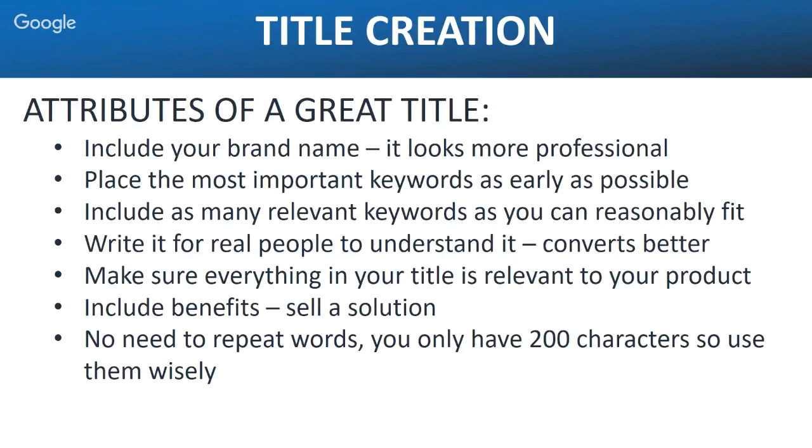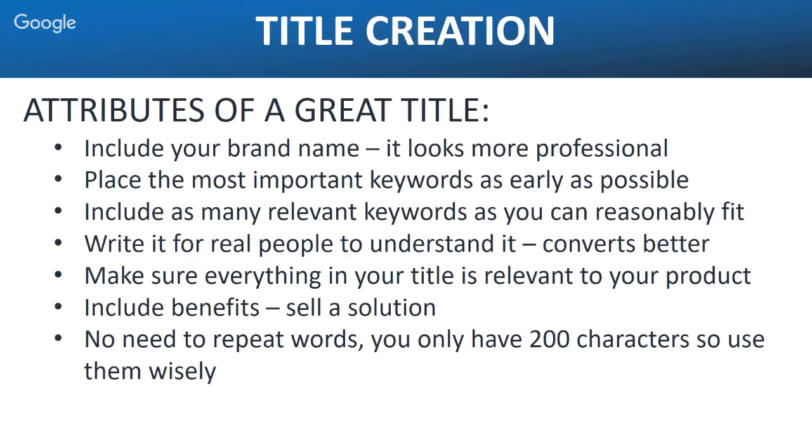A prospect will go on and they're looking for a particular product, and they will look for something they understand. If they can't read it because it's just keyword stuff, you think, what's going on here? This is nonsense. This is not very well written. This is not for me. If it's well written and obviously keyword relevant, it's going to convert a lot better because people are going to be drawn into that.